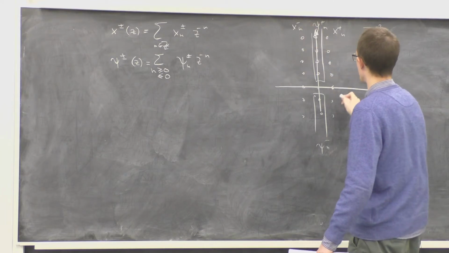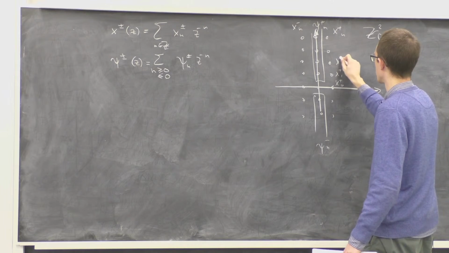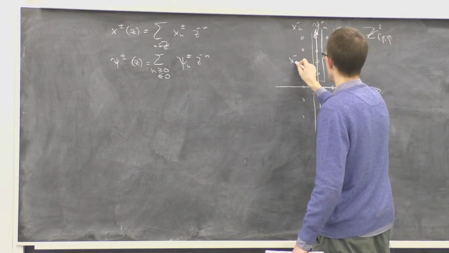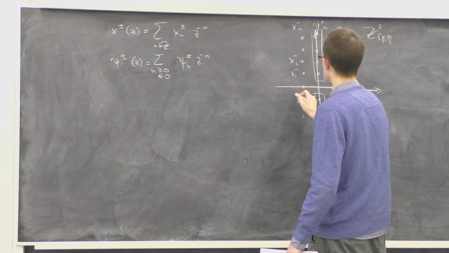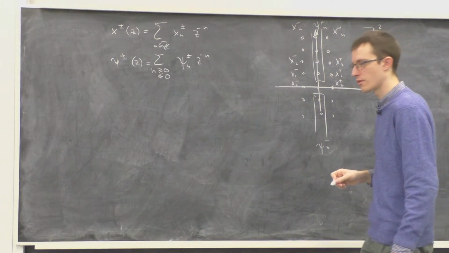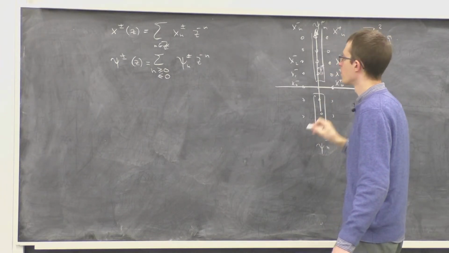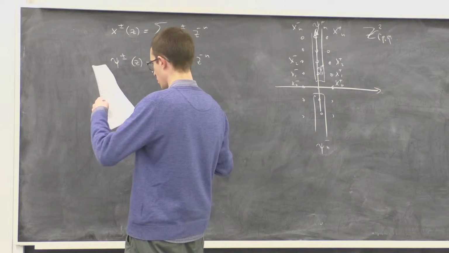And what do I mean by this? So this is x plus 0, this is x plus 1, x plus 2, etc. x minus 2, x minus 1, x minus 0, etc. In psi plus, it starts from n greater or equal to 0.